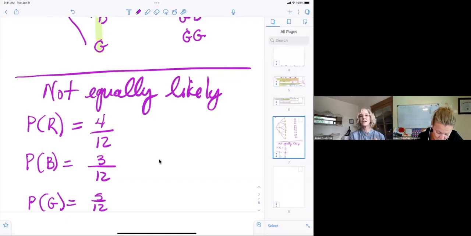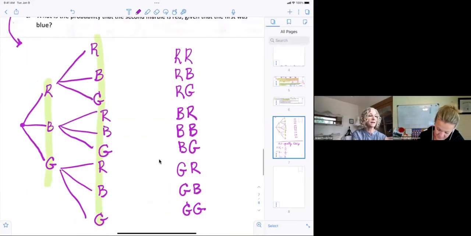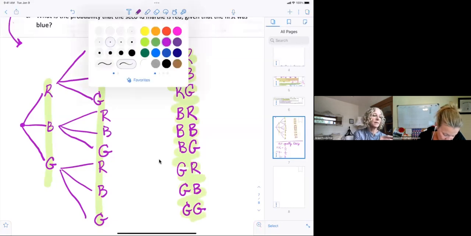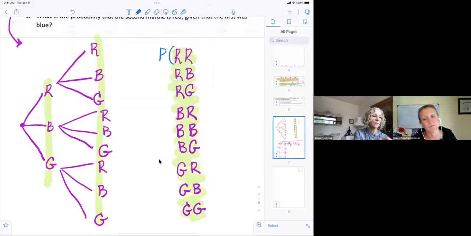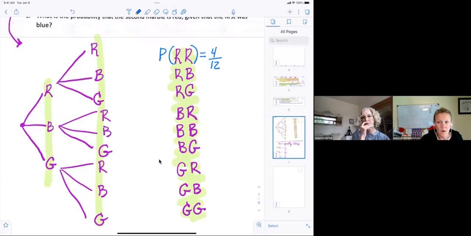So I'm trying to find out the probability for each of these sample space options, events. So the probability of drawing red, red. I know that I have 12 marbles and there are 4 red marbles.